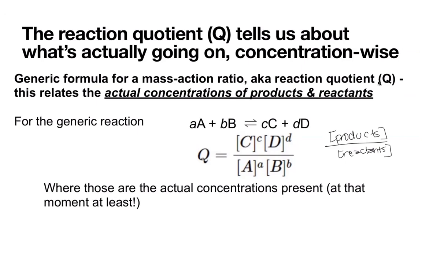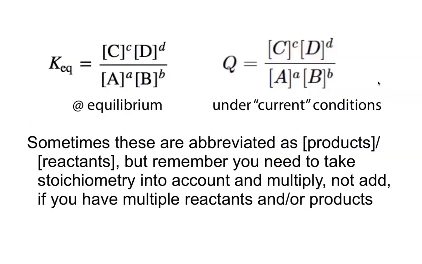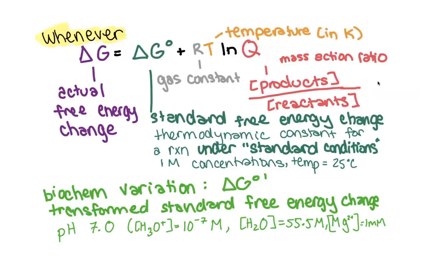So it's just, in this moment, under these conditions, what is the concentration of products over the concentration of reactants? And again, the same caveats about multiplying, not adding, and raising to the coefficients if needed. We can put this into our equation and write the current free energy in terms of our delta G naught or delta G naught prime and the Q.